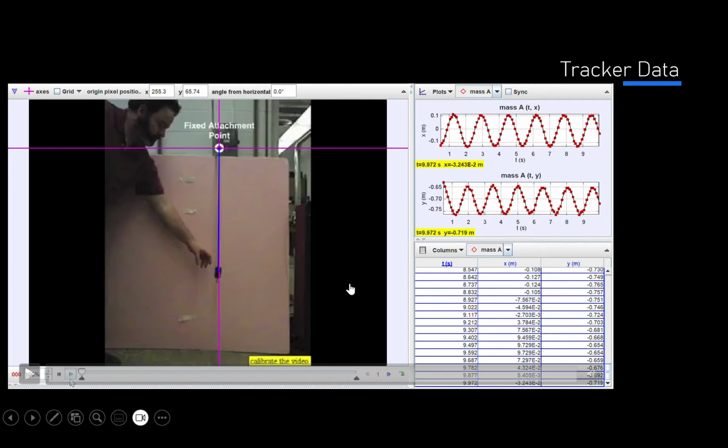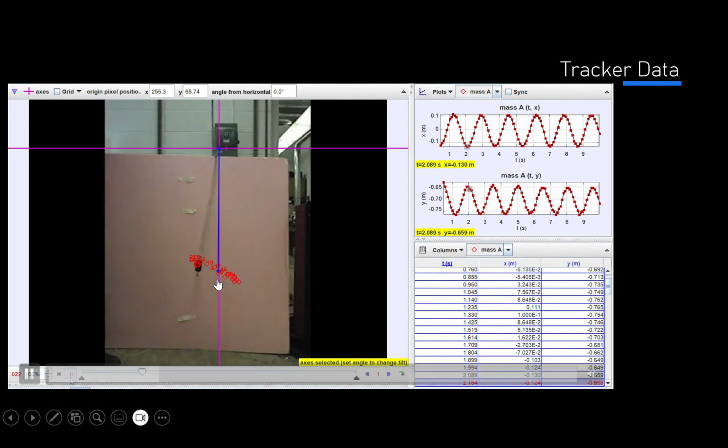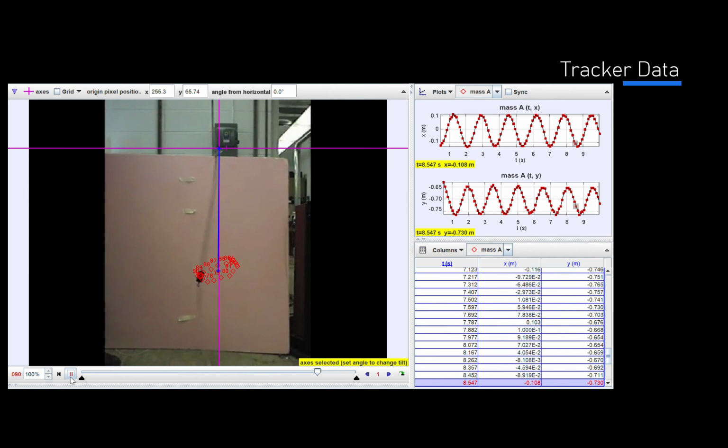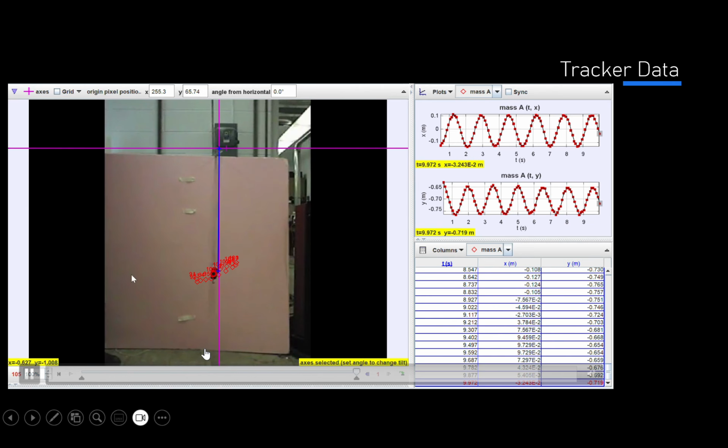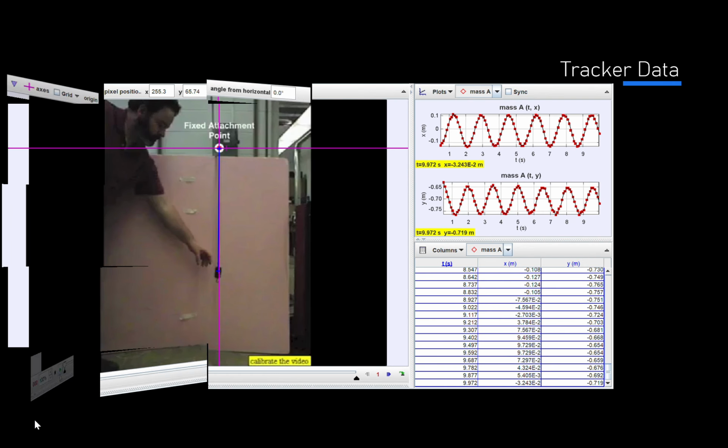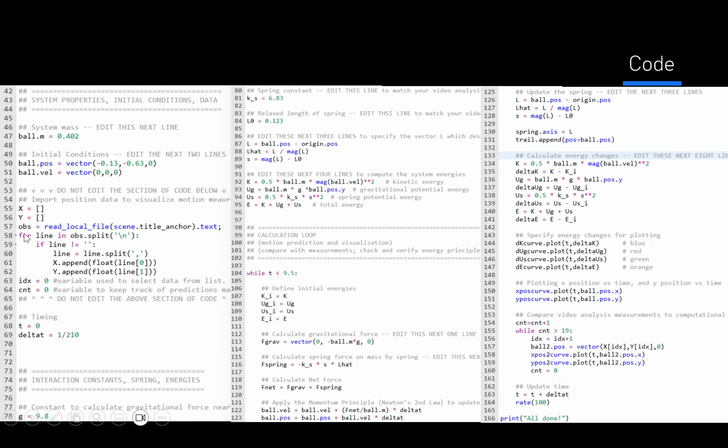So we have tracker data, which is essentially the video that we were given, and as you can see, we calculated the mass at the point, and using the tracking, you can see how it is creating an oscillation. If we calculate that in code, you can see that we start off with the spring constant up here, which we got, and the relaxed length of the spring, which we also got.